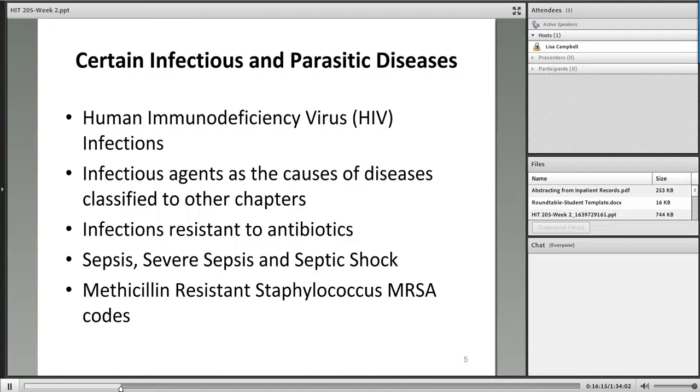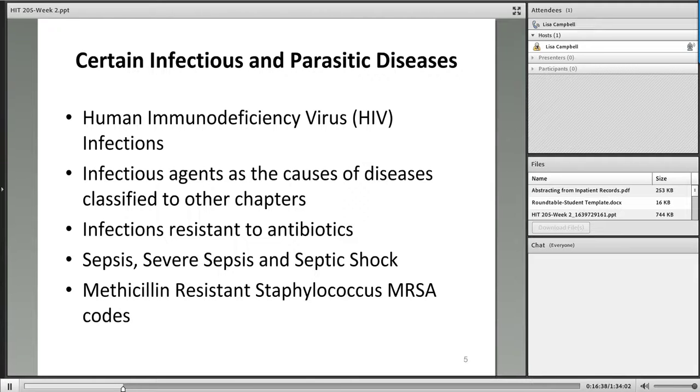On page 21 in the guidelines, for severe sepsis, the note there says the coding of severe sepsis requires a minimum of 2 codes. First, the code for the underlying systemic infection, followed by a code from subcategory R62, severe sepsis.